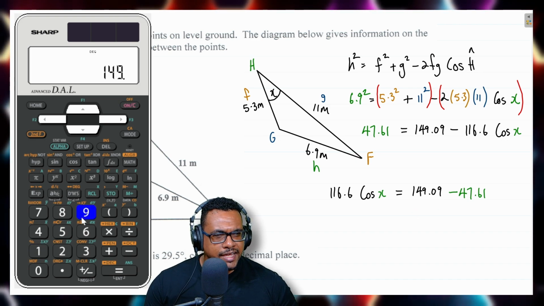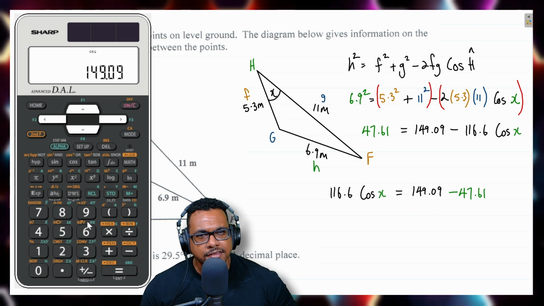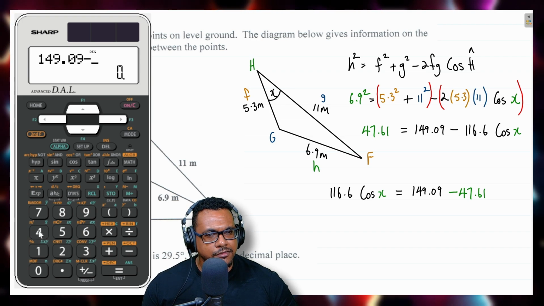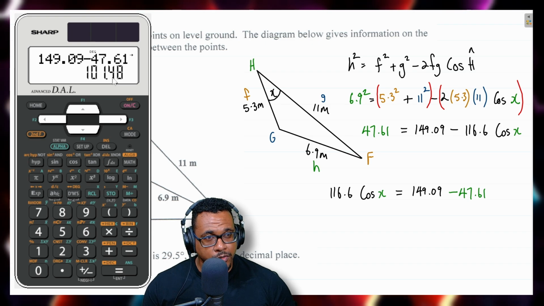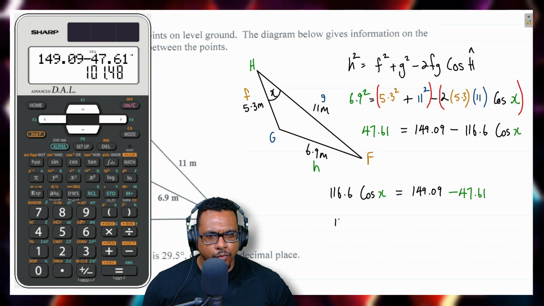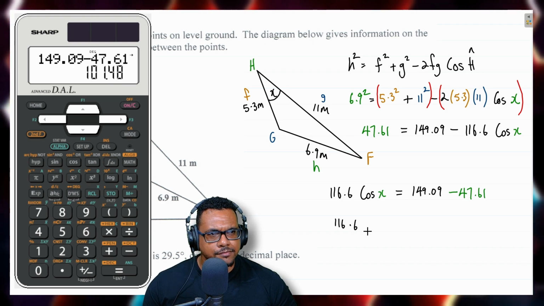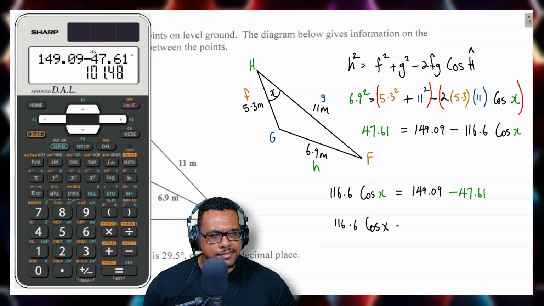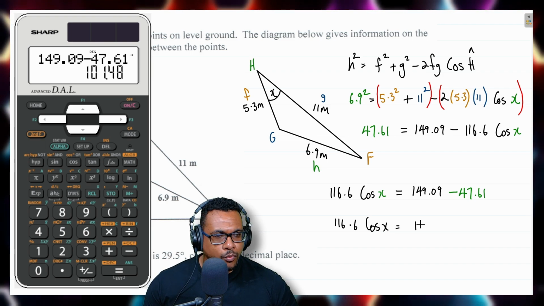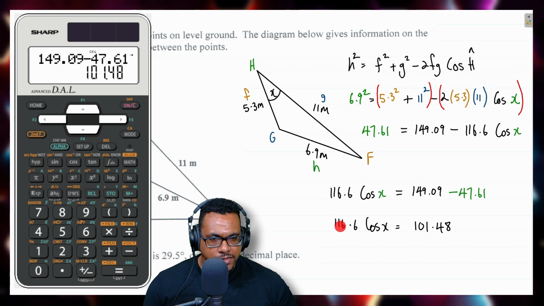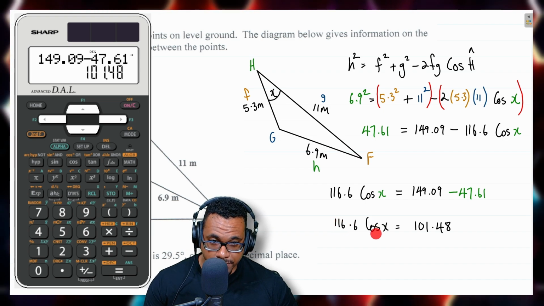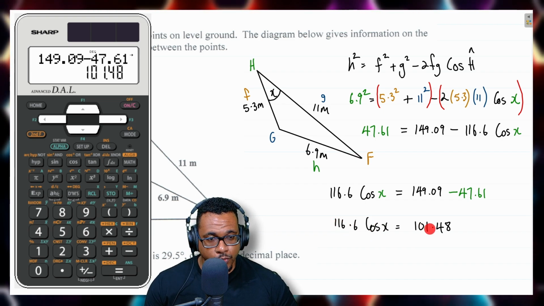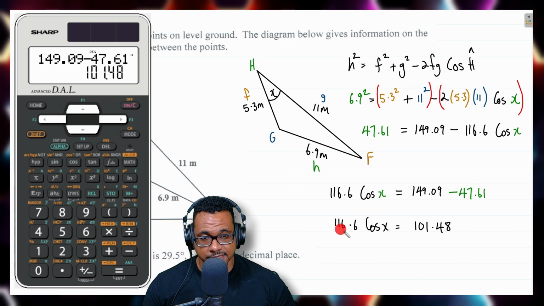So I have 149.09 take away 47.61, and that's equal to 101.48. So we have 116.6 cosine x is equal to 101.48. And now I'll transfer this 116.6 across the equal sign, and the operation will change from 116.6 multiplied by cosine x to 101.48 divided by 116.6.